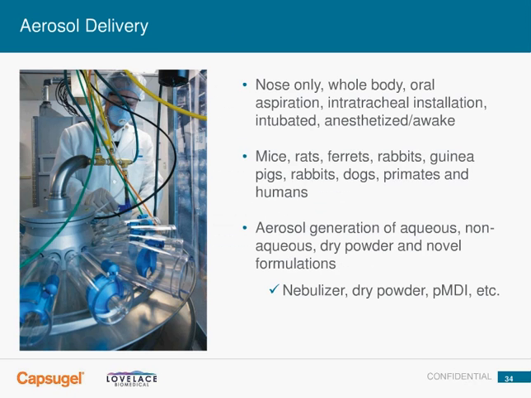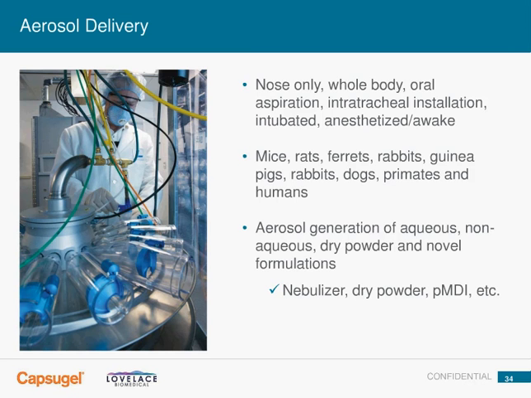In terms of aerosol delivery, it's possible to deliver just about any type of aerosol you can imagine to just about any type of animal, whether that's a dry powder, a meter-dose inhaler, a nebulizer, a novel formulation, whether you'd like to do that in a nose-only setting, a face mask setting, to a large animal, a small animal. It's always possible. It's just a matter of how you adapt it.